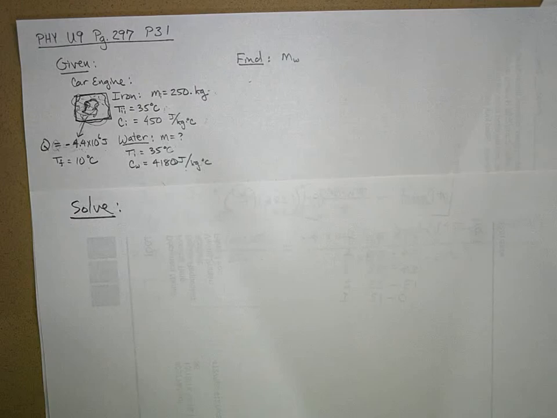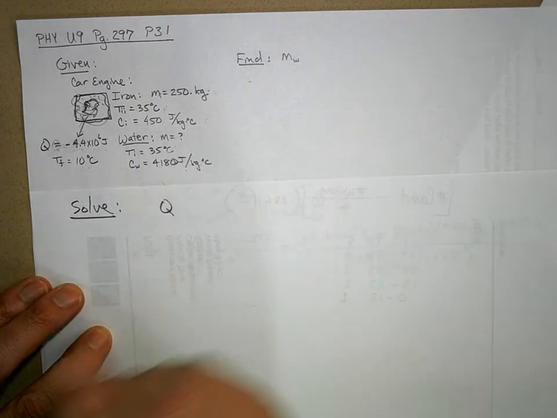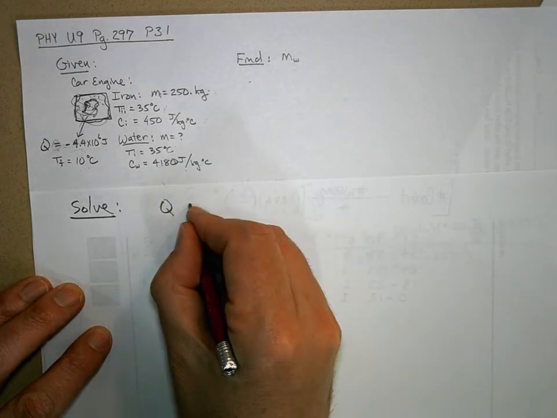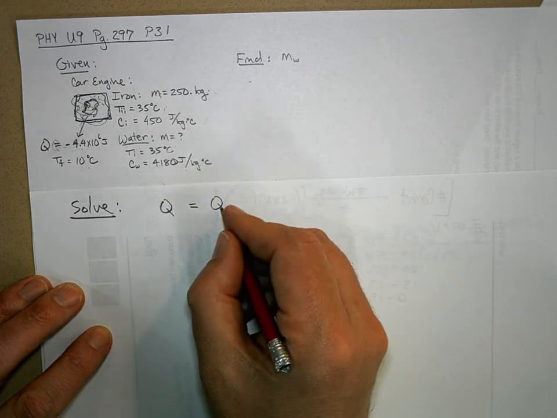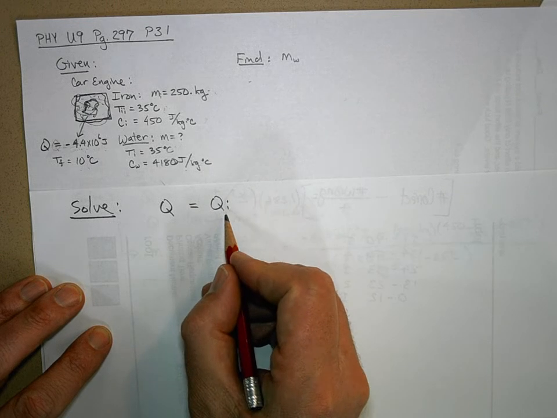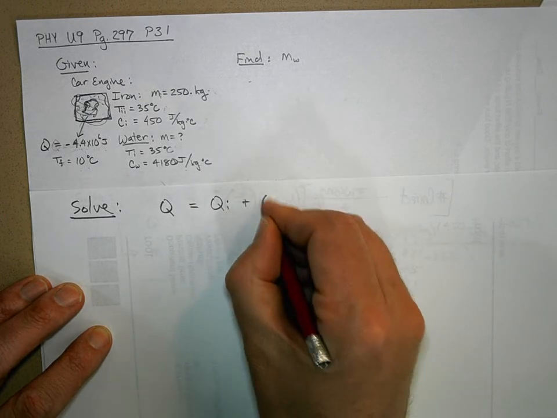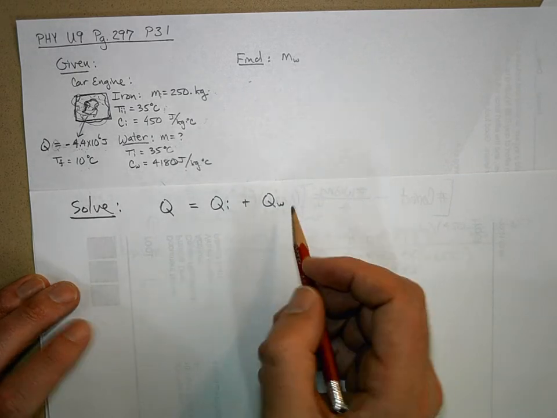Well, here is the physics of it, and it's simple. The heat lost by my system is equal to the heat lost by the iron, I'll use I for iron, plus the heat lost by the water. Right? They're both going to lose heat.